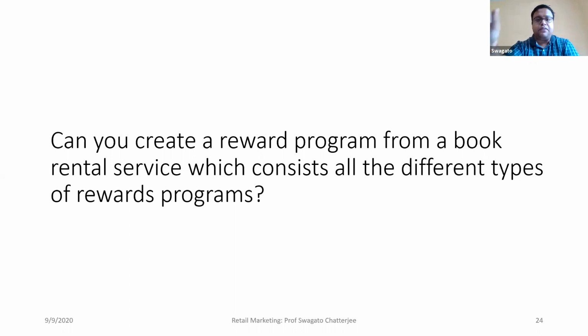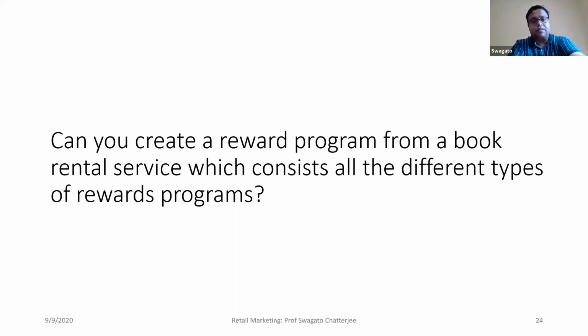If it's a rental service, multiple instances of purchase, multiple relationships with the customers, are what give you the revenue. So if that is the case, how can we start a reward program which will boost my business, including all the different aspects of the reward program?